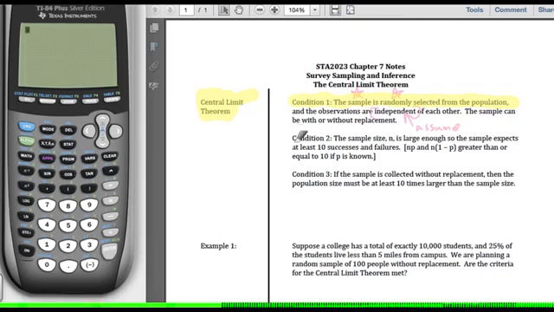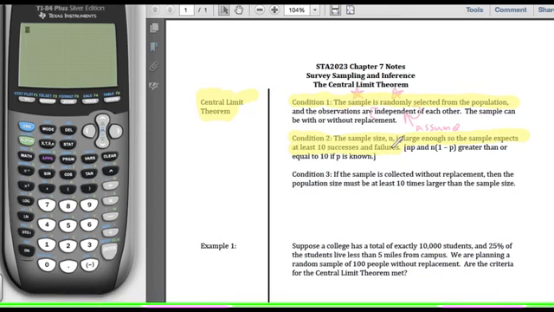Condition number 2, the sample size, which is n, is large enough so the sample expects at least 10 successes and 10 failures. So in this chapter and the next, our question will pretty much have two answers. Would you vote for this candidate, either yes or no? Do you prefer Coke or Pepsi? One of them will be a success and the other will be a failure. You need at least 10 people or 10 objects on each side.